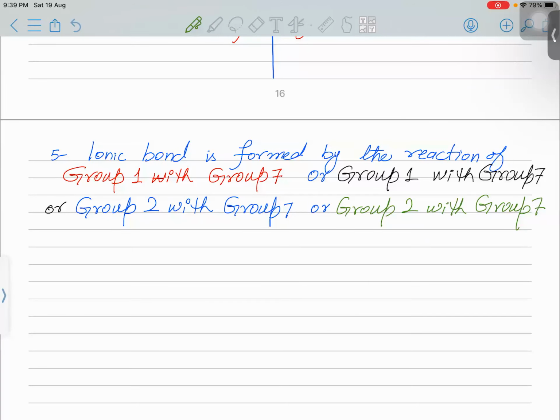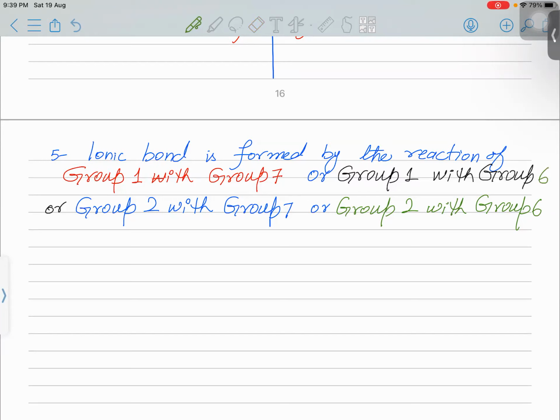So why did you repeat it two times? Sorry, group 2 and group 6. The first one is group 1 with group 7 and the second one is group 1 with group 6. Okay.